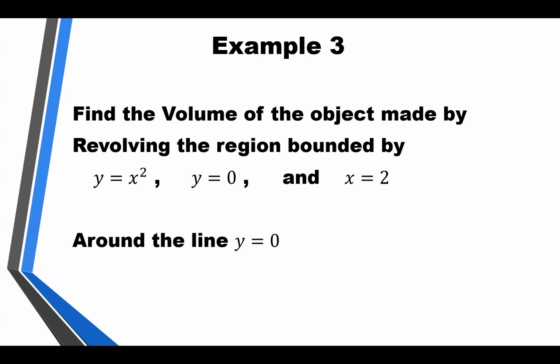The line y equals 0 is the horizontal line that is the x-axis. So that's what we'll be doing. Y equals x squared, y equals 0, x equals 2, that region, and rotate it around the line y equals 0. If you want to try this on your own, push pause on this video. I will do the problem myself in just a couple of seconds.